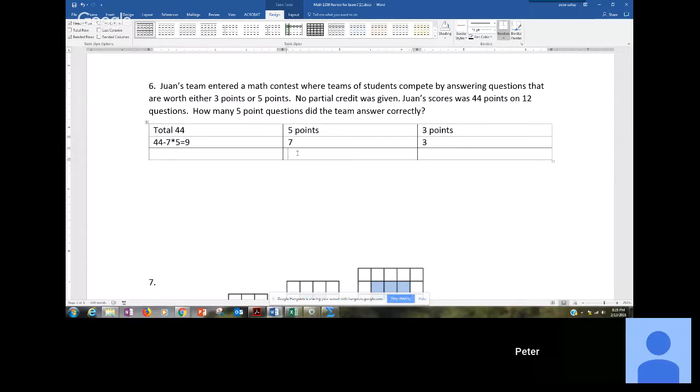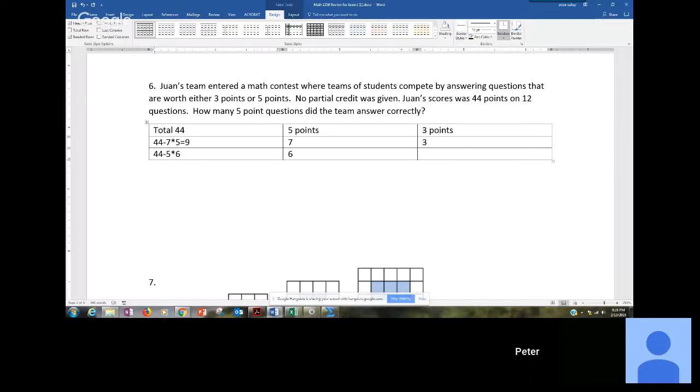So then I go down to 6 and think, okay, can I get the right combination from that? So if I go 44 minus 5 times 6, which is 14, is there any way I can get 3-pointers to give me that?